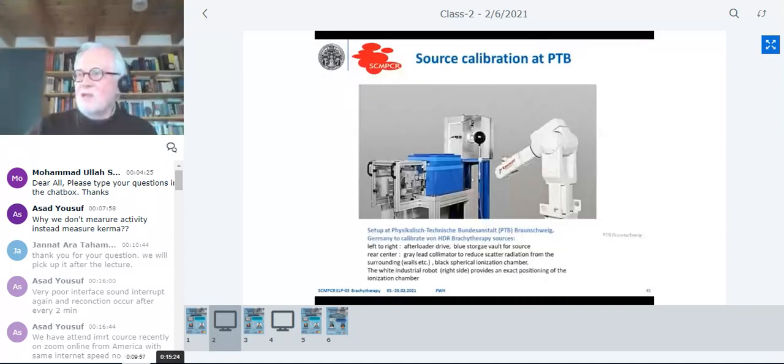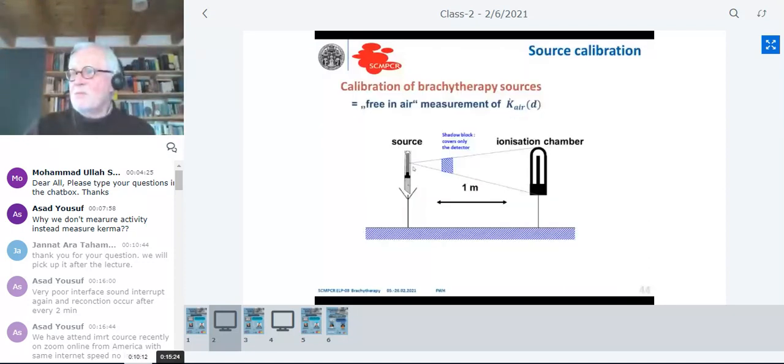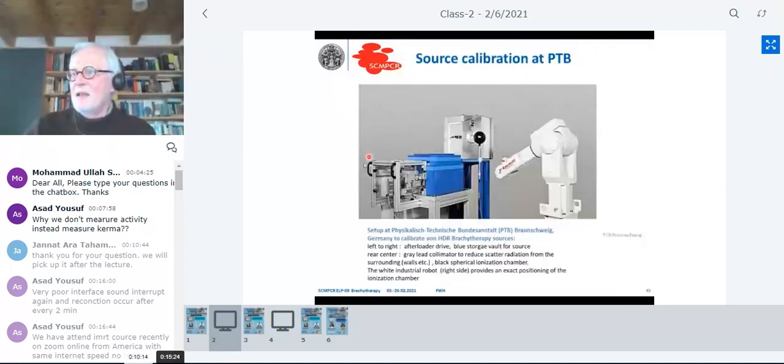And this here shows you the setup at the German standards lab, Physikalisch-Technische Bundesanstalt, PTB. And it's fairly complicated. This here is a self-made afterloading machine with the electronic devices that they have.